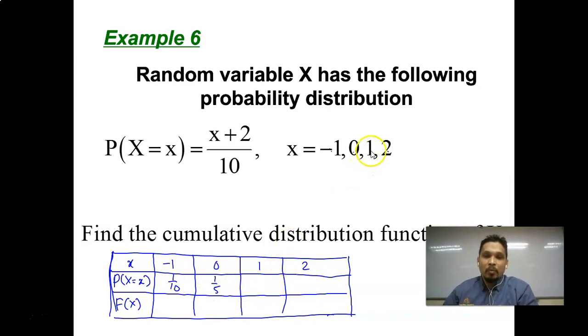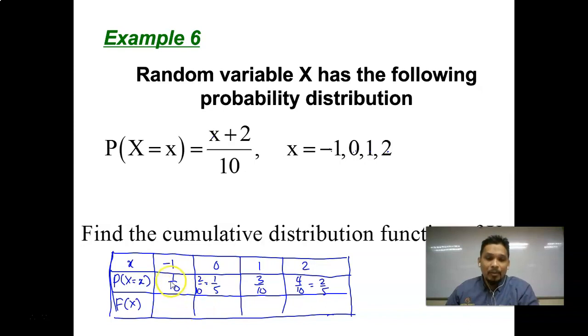Okay. 1 plus 2 equal to 3, so we come up with 3 over 10. And when x equal to 2, 2 plus 2 equal to 4, so 4 over 10 or 2 over 5.